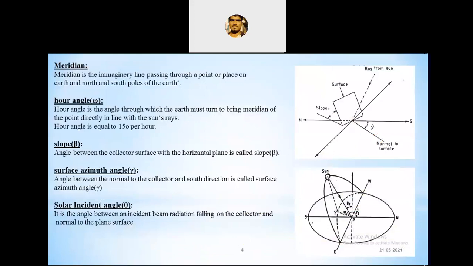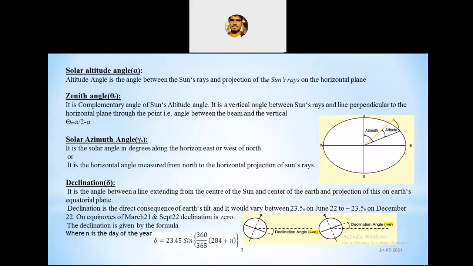Clear? And this declination angle, delta, is given by the equation delta = 23.45 sine of (360 divided by 365) into (284 plus n), where n is the day of the year.